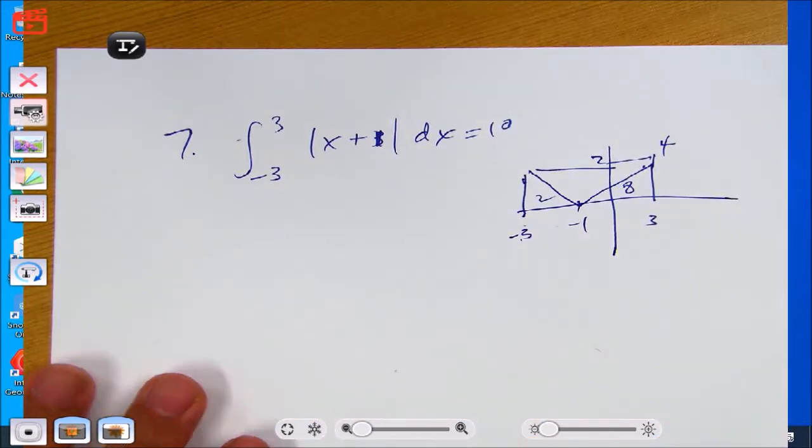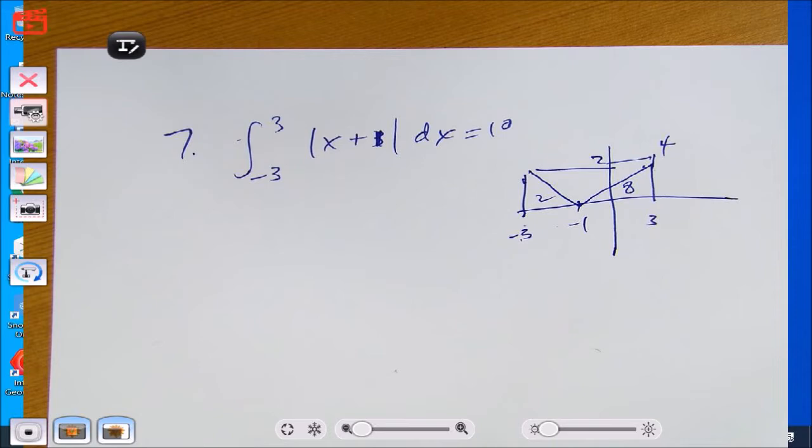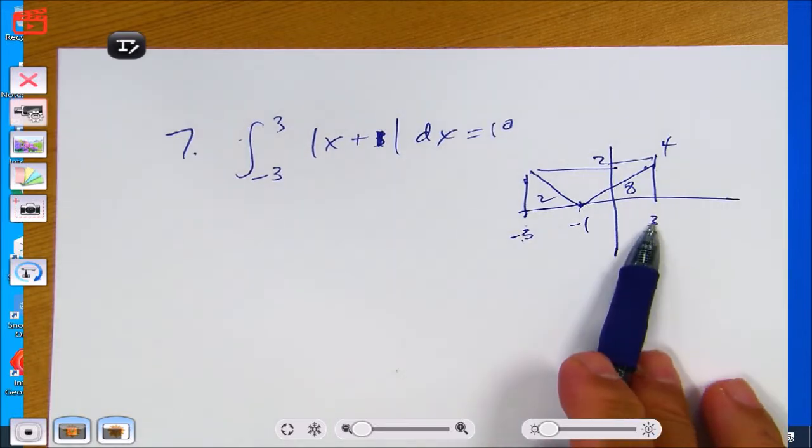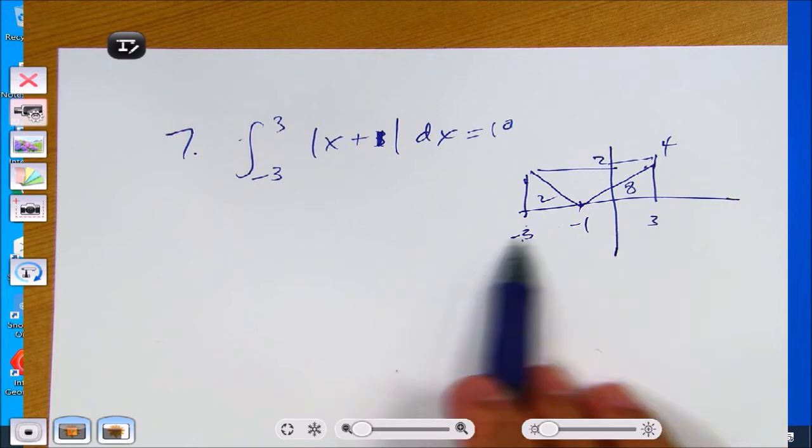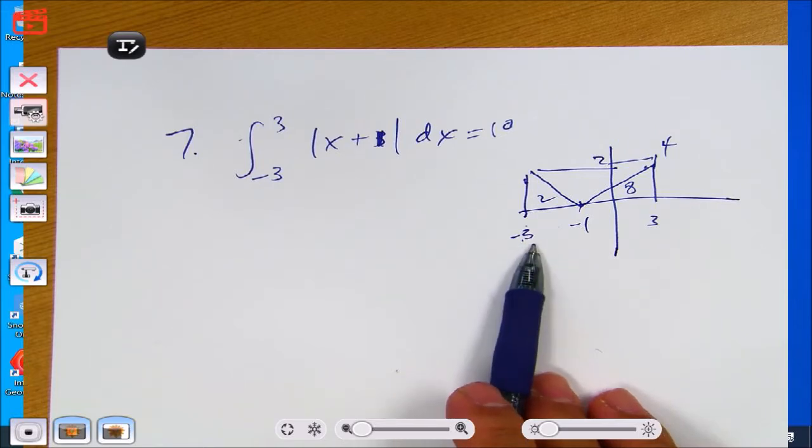Why are you plugging in -3, not 3? I did plug in 3. I plugged in both of them. Because you plug in 3, you get 4.